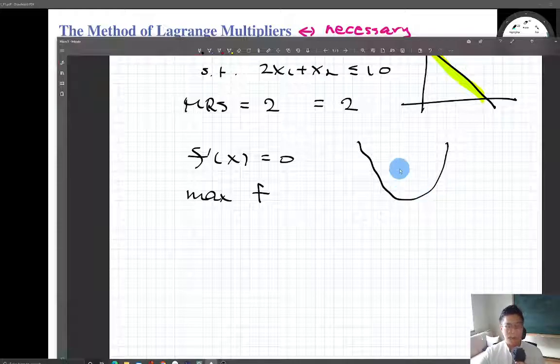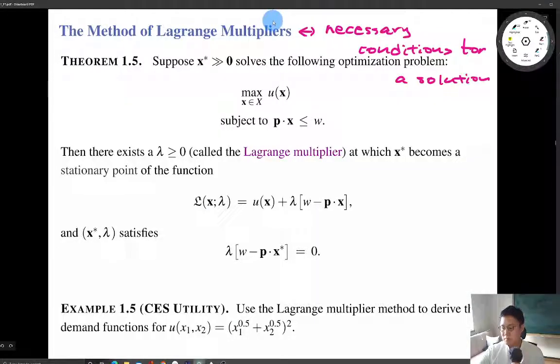So this is why we have to check the second order derivative, right? So just as zero derivative is just a necessary condition for the solution in the case of a single variable function, the Lagrange multiplier is also a necessary condition for an optimization problem, given some constraints.